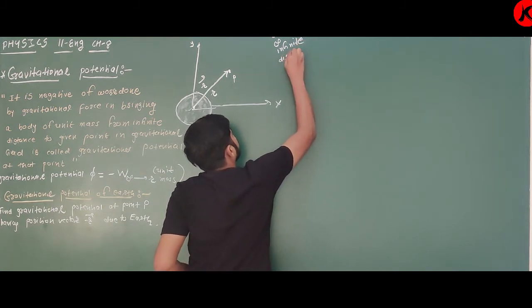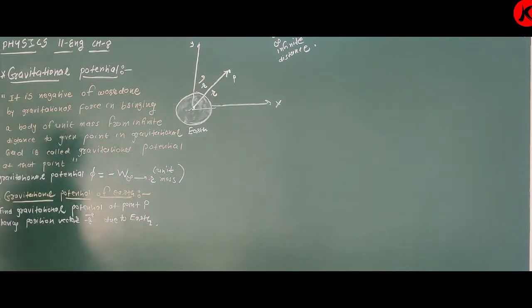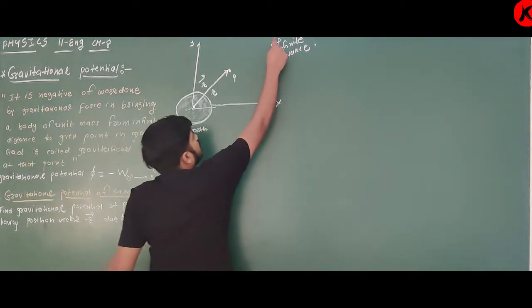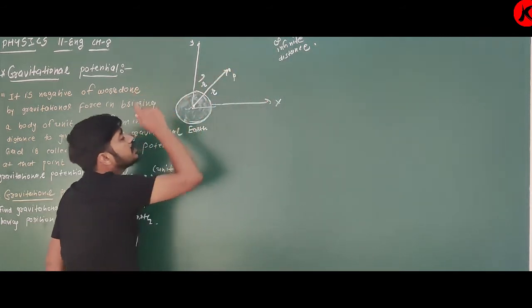Now understand the definition: it is the negative of work done by gravitational force in bringing a body of unit mass from infinite to the given point.